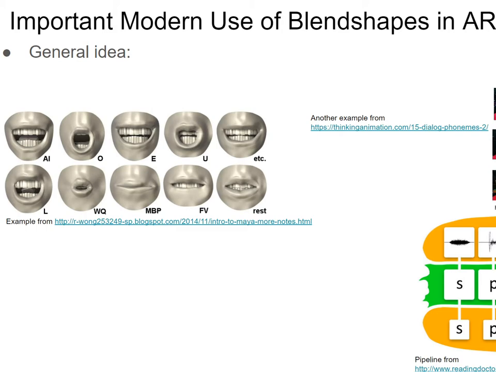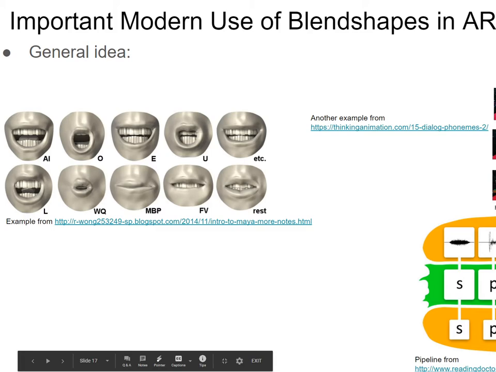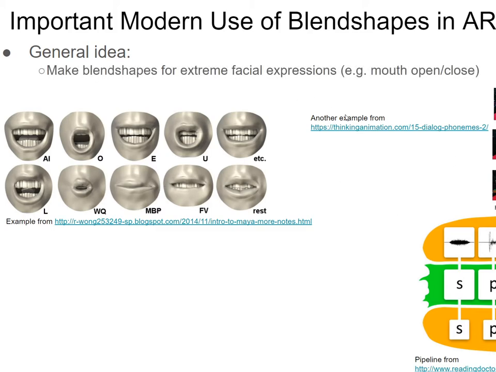So what we do instead is, in real time, we go through some process that I'm about to define, and we create the animations dynamically. The general idea is you make blend shapes for very extreme facial expressions, like mouth open, mouth closed.